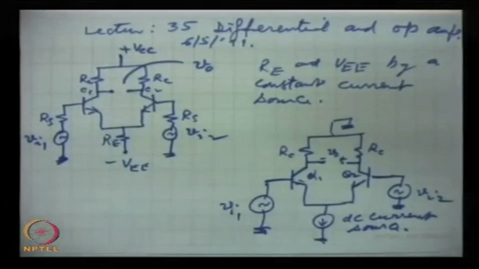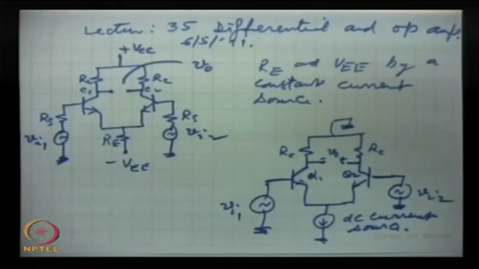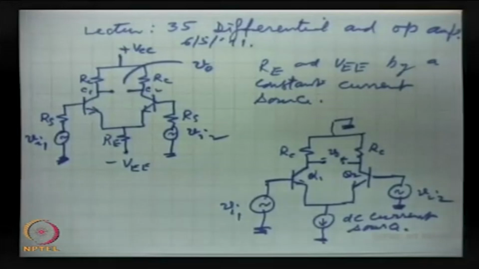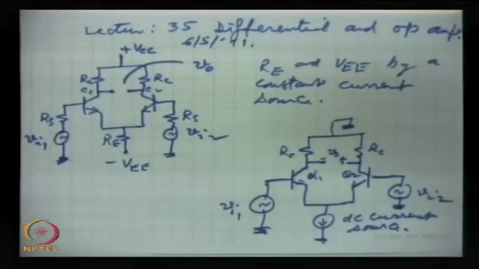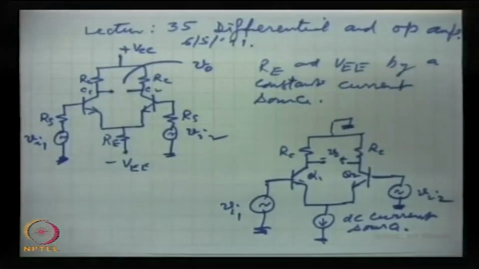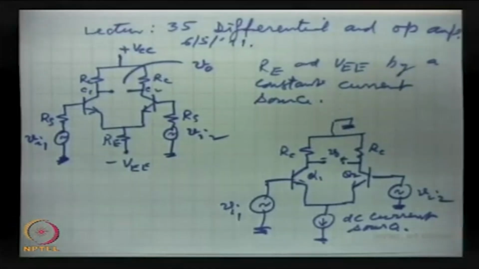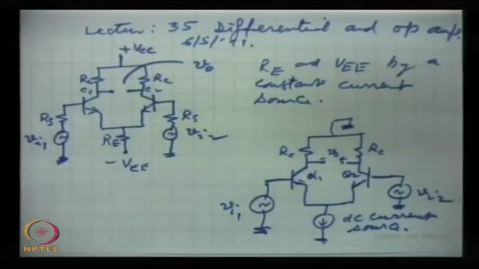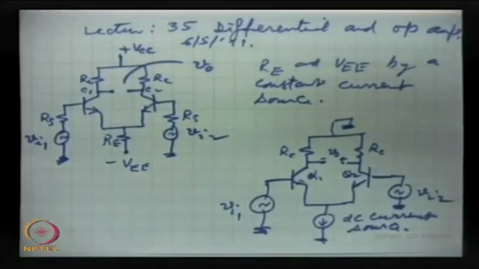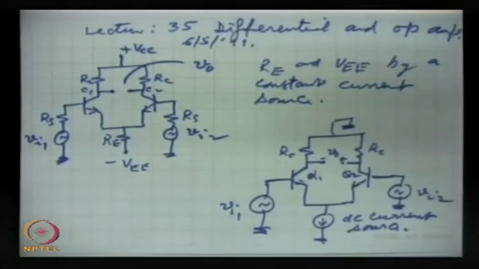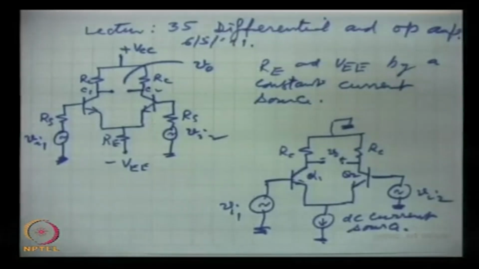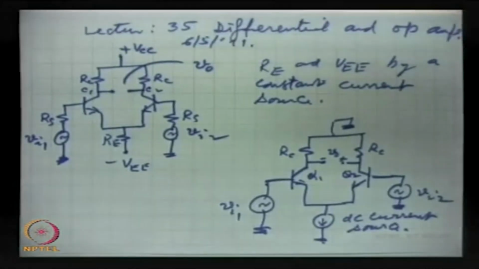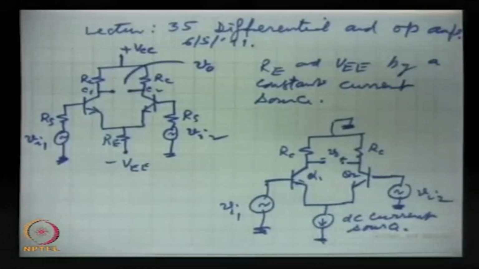I have said earlier that the differential amplifier is the first stage in the multi-stage amplifier called the operational amplifier, which we are going to study just after finishing the differential amplifier. So it is essential to know the meaning of inverting input and non-inverting input.